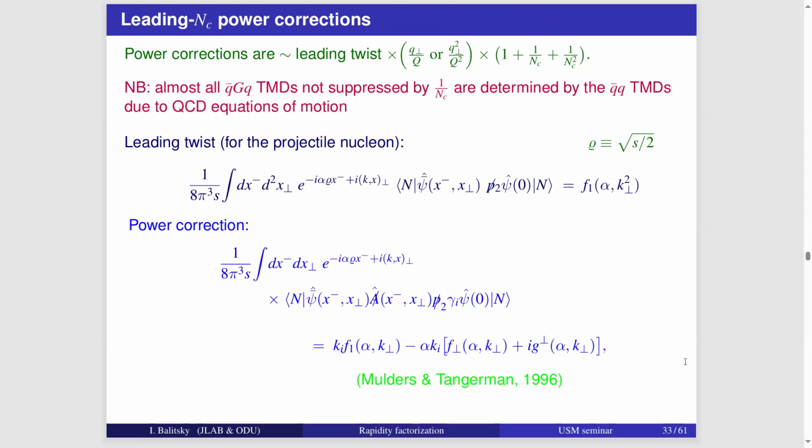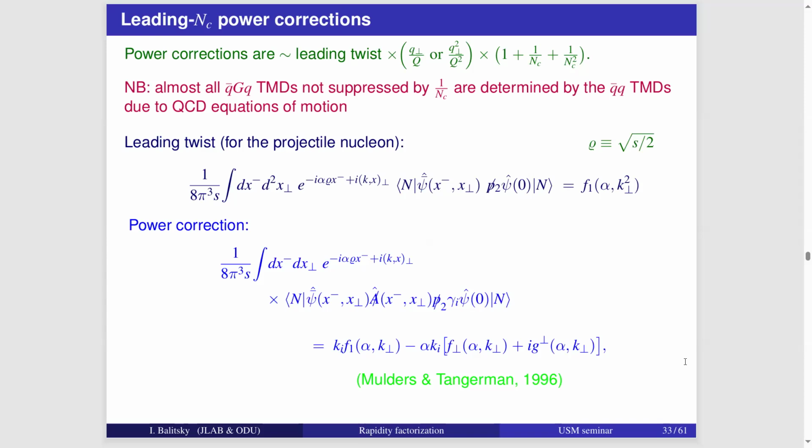Power corrections have the following general form. It's leading twist times 1 over Q or 1 over Q squared. In principle, there are different orders of N_C. It's interesting that almost all quark-gluon-quark TMDs, not suppressed by 1 over N_C, are determined by leading order TMDs due to the equation of force.